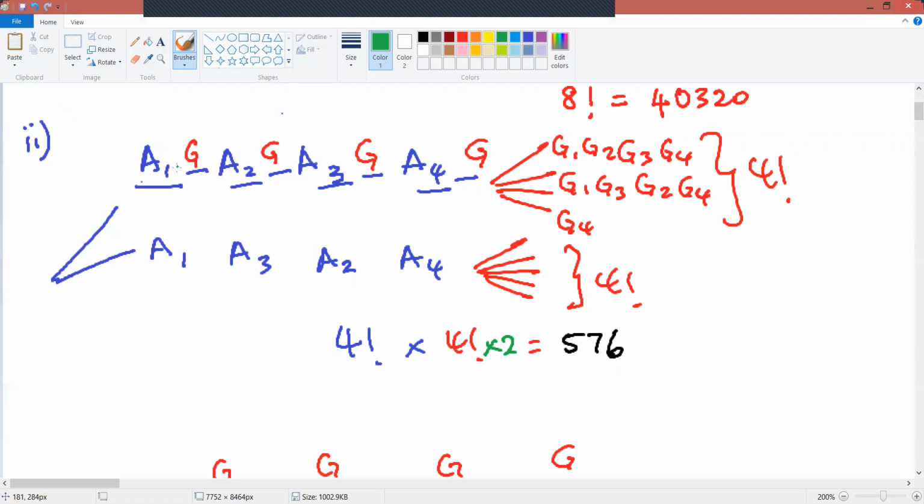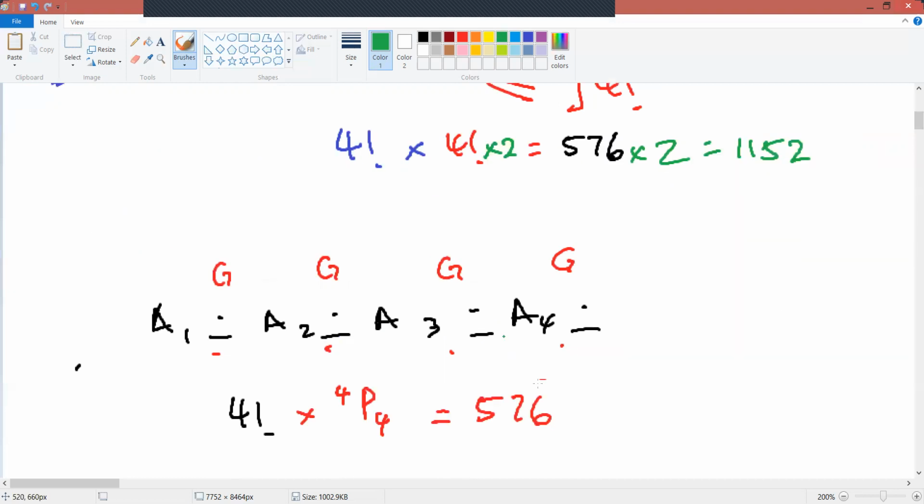We fixed it like that, starting with A. But the thing is that you can start with G, right or not? If you put G here, and then G here, G here, and G here, there will be no more G. So you just have to multiply by 2, and then what you get is 1152.